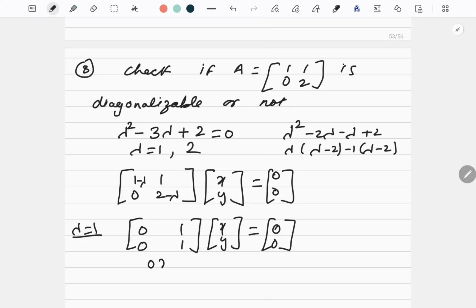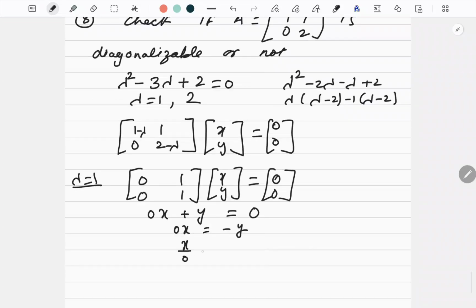Right? So 0x plus y is equal to 0, so 0x is equal to minus y.